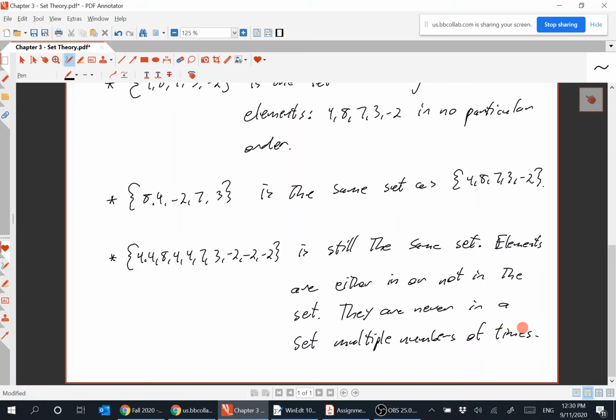So even though we listed 4 different times, it's still just in the set once.